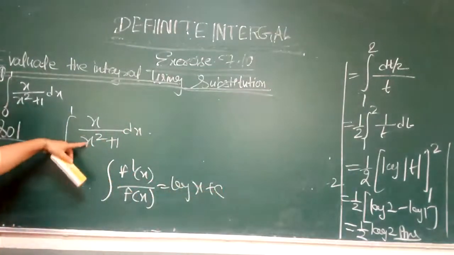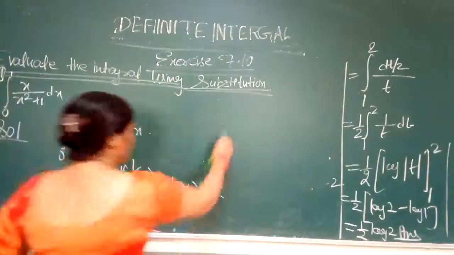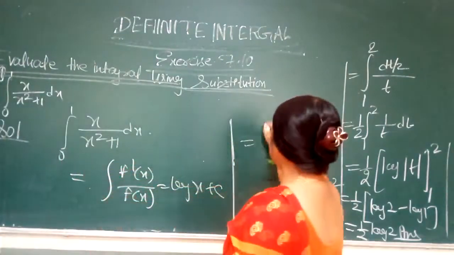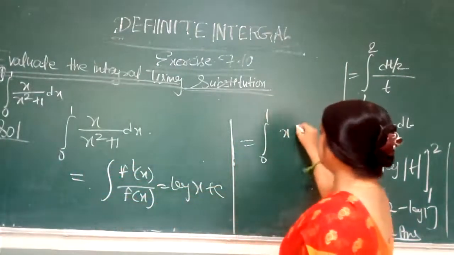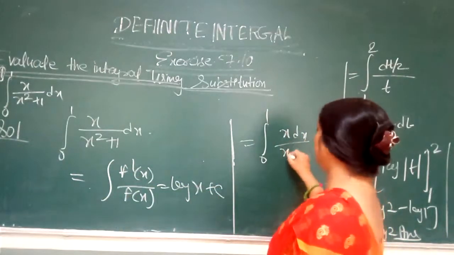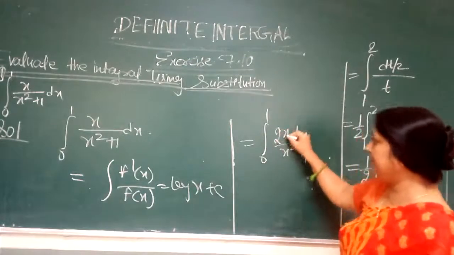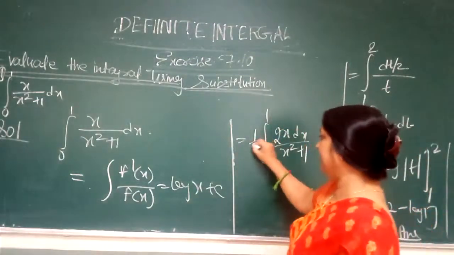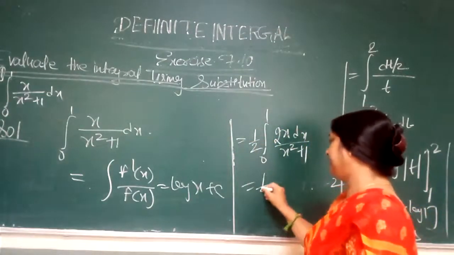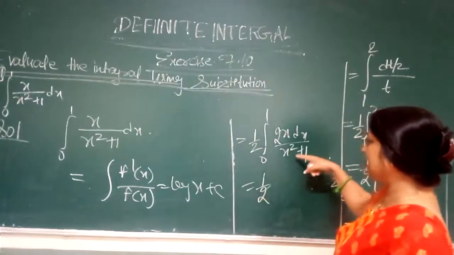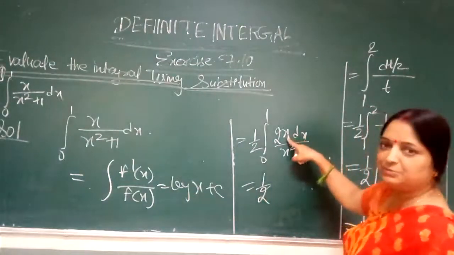So here we can make the formula. Like this, 0 to 1 as it is x dx, and here x square plus 1. The derivative of x square is 2x, so we multiply with 2 and divide with 2. After that it will come 1 by 2. Now the derivative of x square plus 1 is 2x.